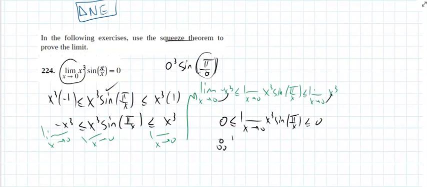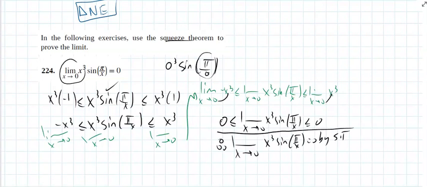There's only one number that works, 0. And that's how we use the squeeze theorem. And of course, if you took this in high school, the squeeze theorem is called the Sandwich theorem, but it's still ST, so that still works.